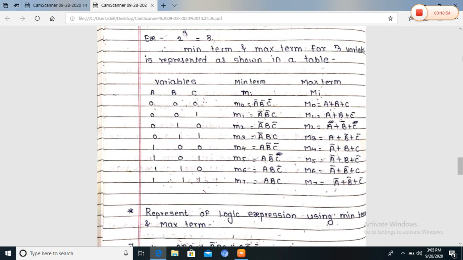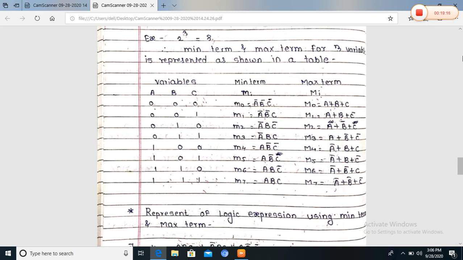Next term 001. So here a is 0, and in a minterm this 0 is represented as a bar. This is m1, that is 001. So this term is m1: a bar, b bar, c.